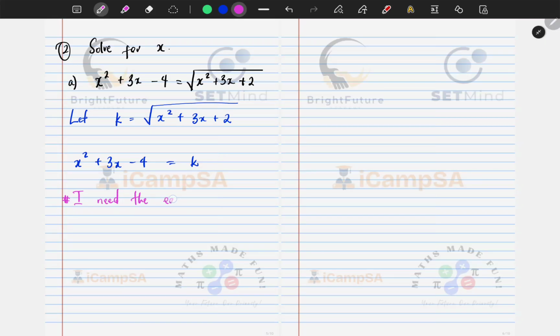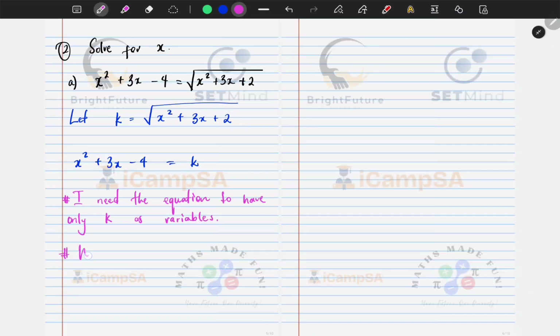I need the equation to have only k as a variable. So in order for me to do that, I'm going to write this side in terms of k.